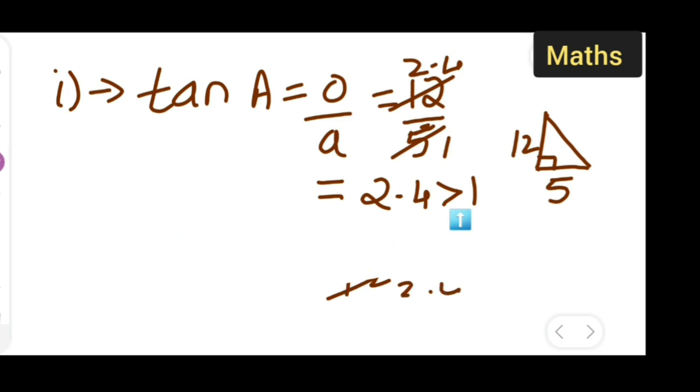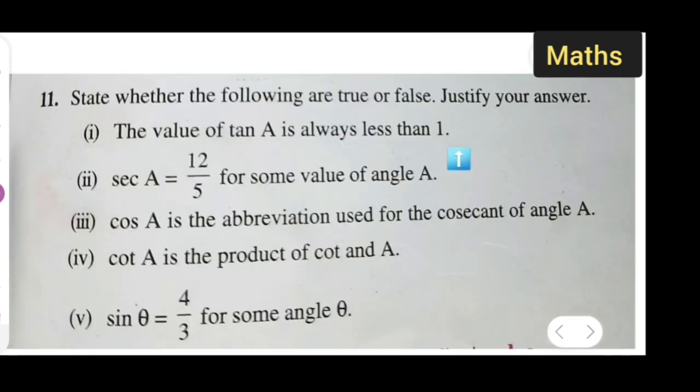But if I take such an example, you can see that we are getting a value which is greater than 1. So the value of tan A is not always less than 1. It can be greater than 1 also. So obviously this statement is a false statement, so I'll have to write down false over here.